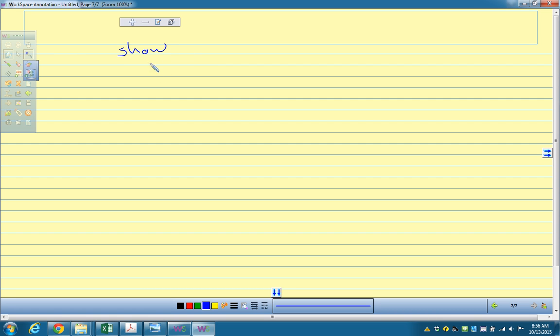Show that tan squared x plus 1 times cosine squared x minus 1 equals negative tan squared x. Anyone have any ideas on that one?